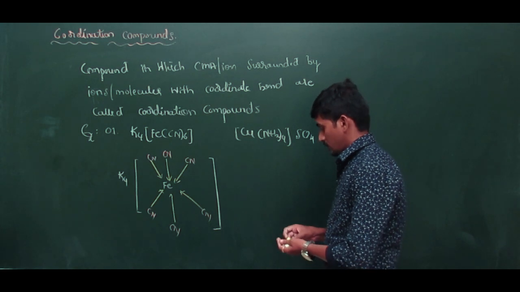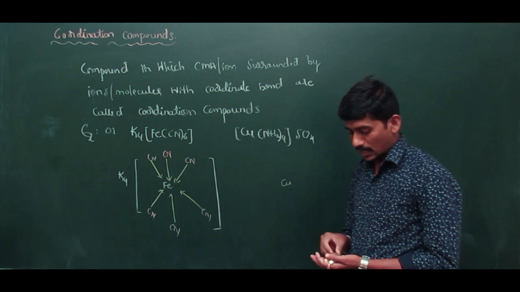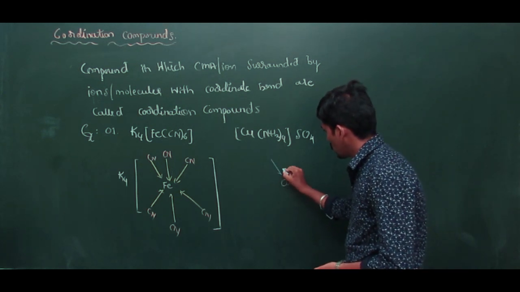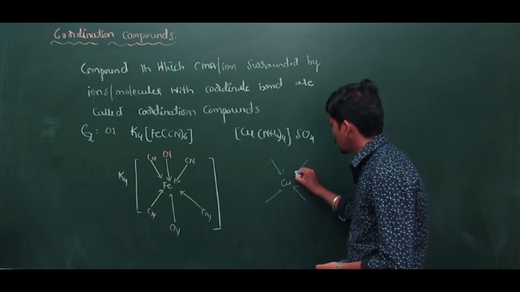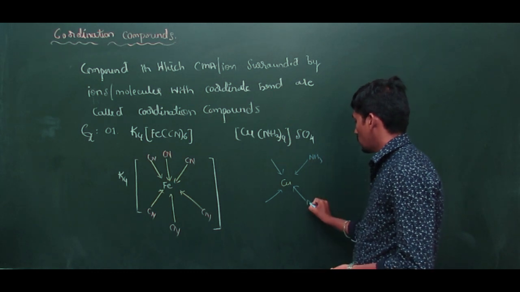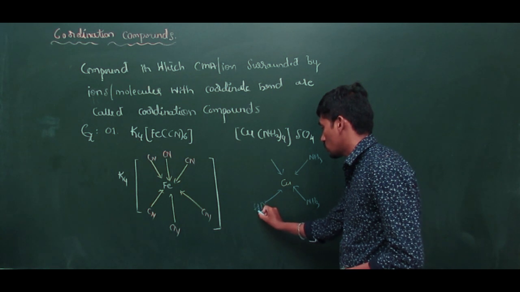In this, Cu is a central metal atom which is surrounded by 4 NH3 molecules. NH3 molecules are neutral in nature, hence we can call them molecules, not ions.